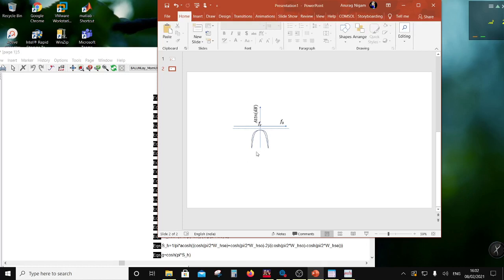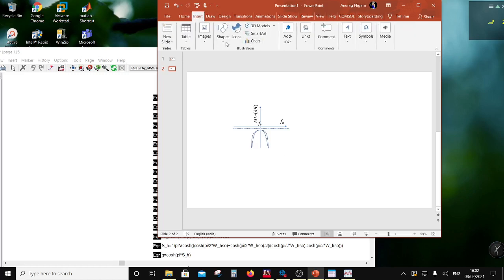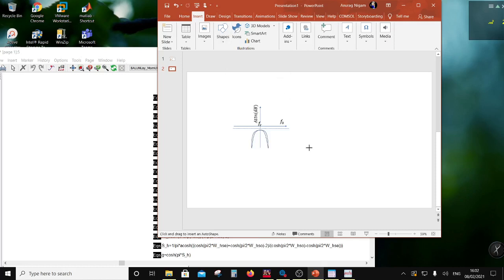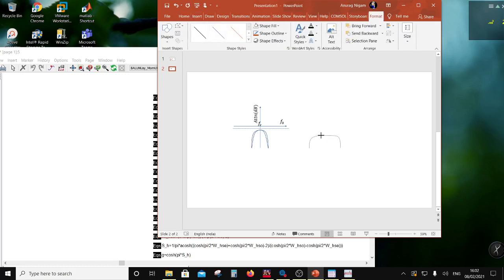As you increase the coupling coefficient, the bandwidth is going to keep increasing, right? And the nature of the curve will keep on doing this. I hope you understand what I'm saying here.